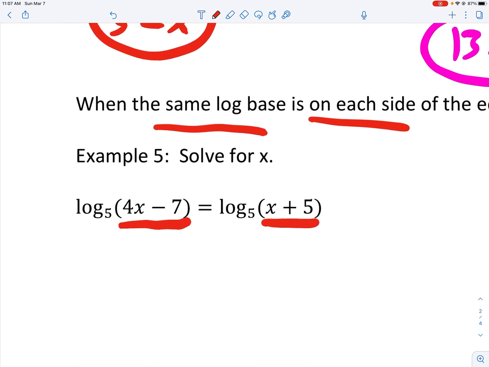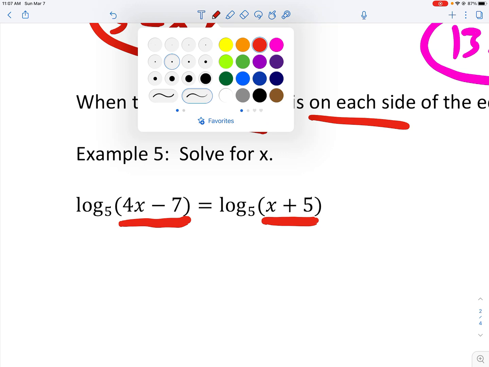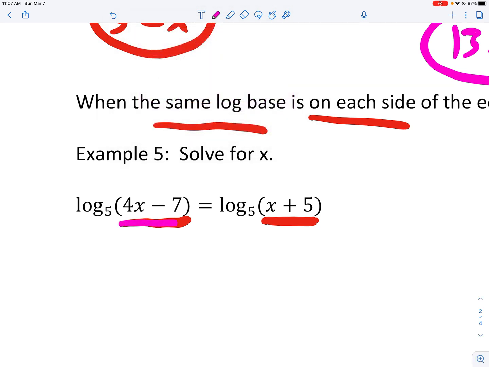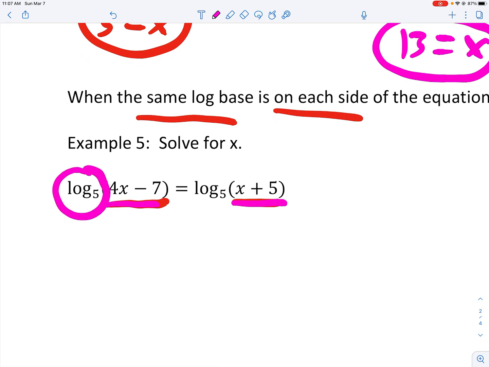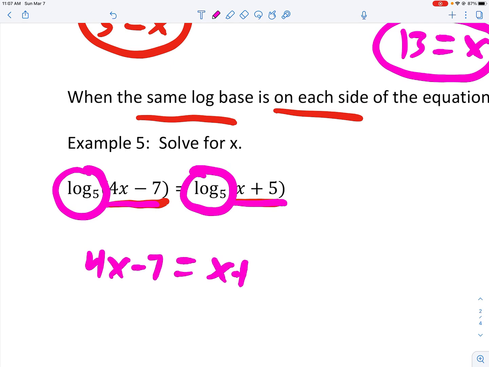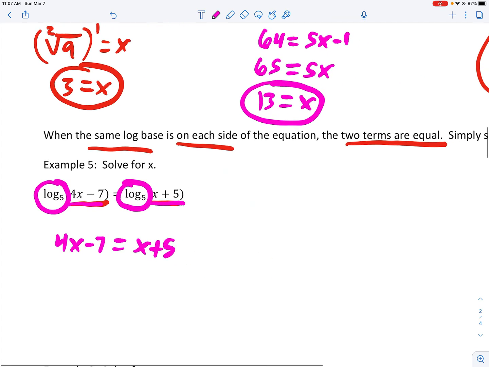So the only difference between the left side and the right side is the 4x minus 7 and x plus 5. Because the log base 5 and log base 5 are identical. They're the same. So in order for it to be equal, that means that 4x minus 7 has to equal x plus 5. That's the only way that's going to happen.